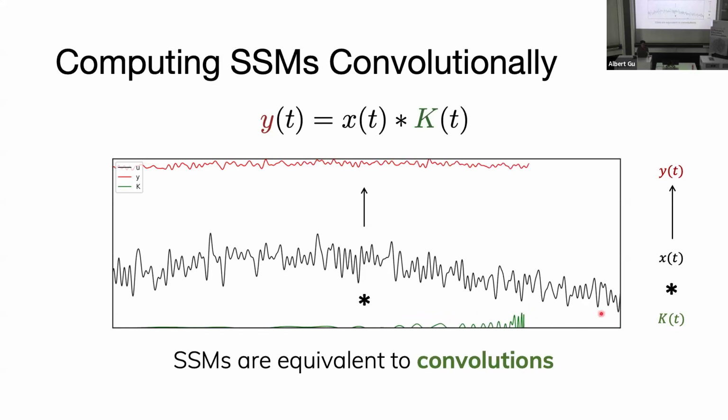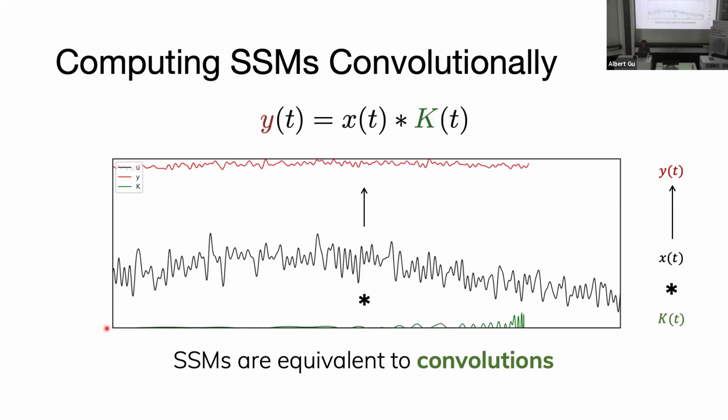This is uniquely defined as a function of the parameters A, B, and C. Then given this kernel, I claim that the map from the input to the output can be viewed as a straightforward vanilla causal convolution between the input function and this convolution kernel.